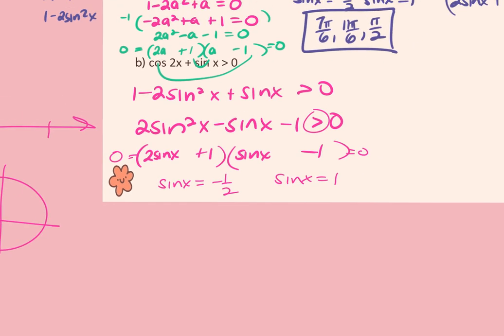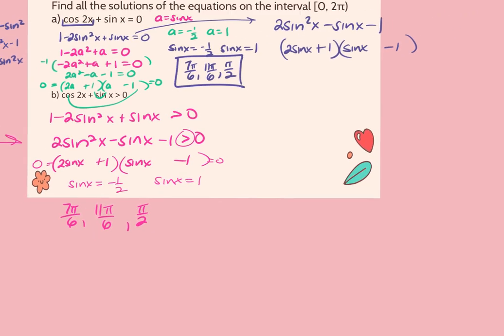Same answers as before, which are 7 pi over 6, 11 pi over 6, and pi over 2. So the solving up to this point is exactly the same. We would move them, we would factor them, we would solve them. Because we want to know where it's 0. You with me so far? Yes or no? Yeah.